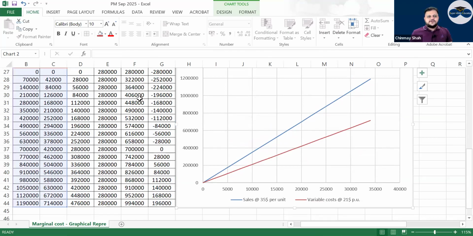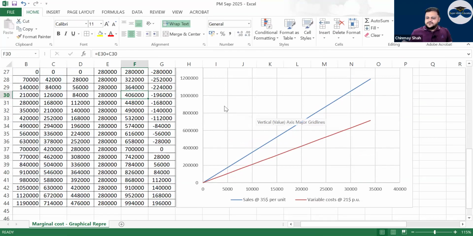Now if you have a look at contribution, see what I'm trying to do. I'm going step by step so you don't have a problem. Now see, this area.